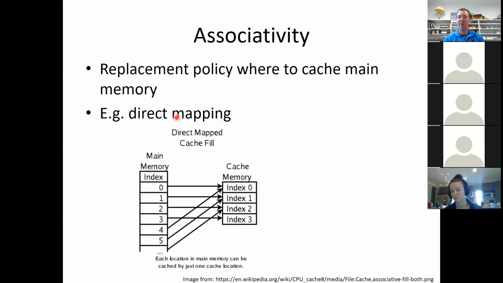One policy might be direct mapping, where the main memory is directly mapped to memory in the cache. So you have index 0 to 3 directly mapped to the cache 0 to 3. And once this is evicted, then the next main memory element gets cached in your cache memory.